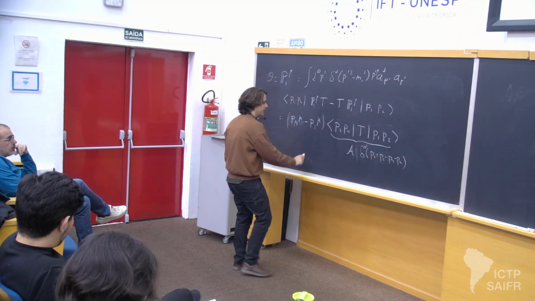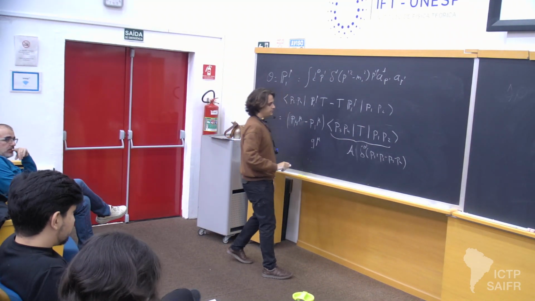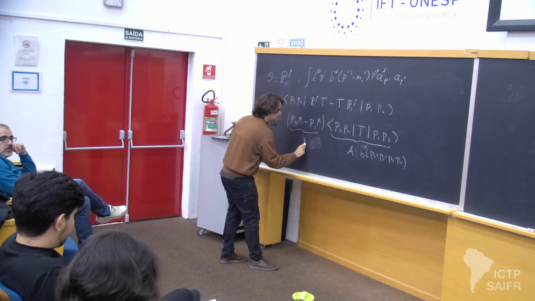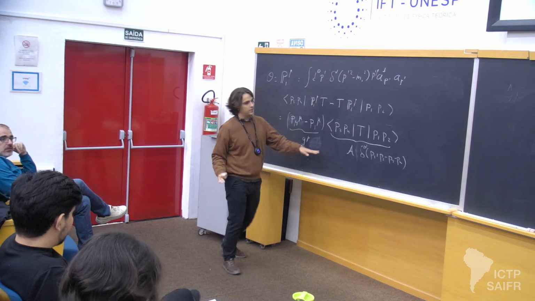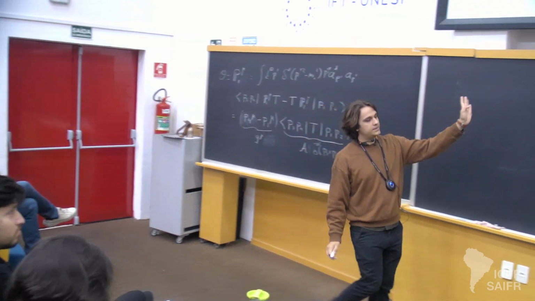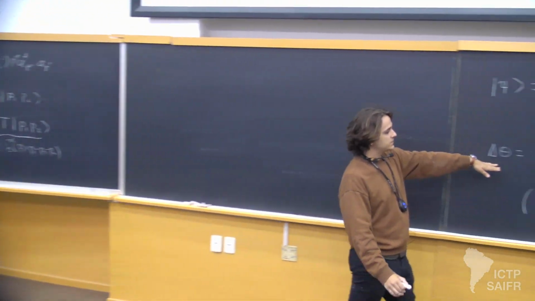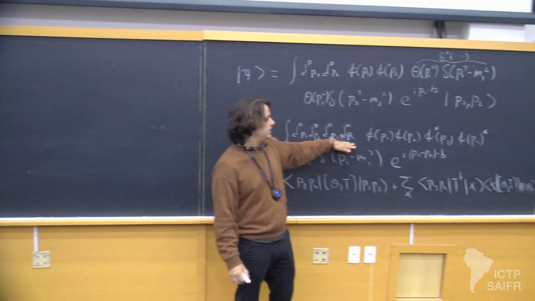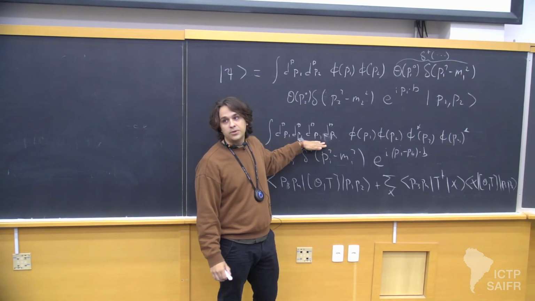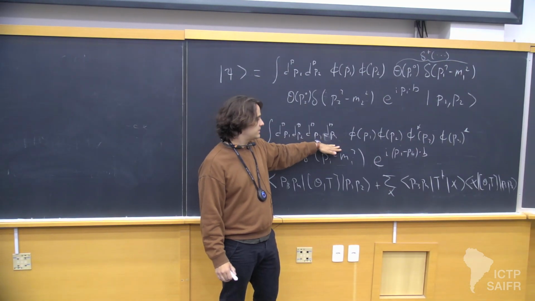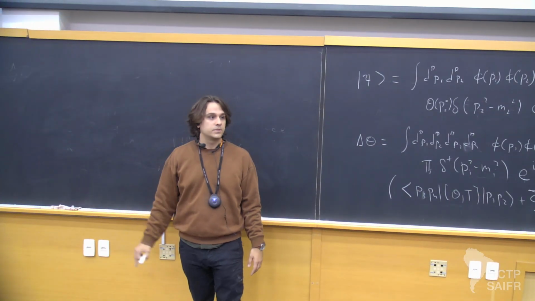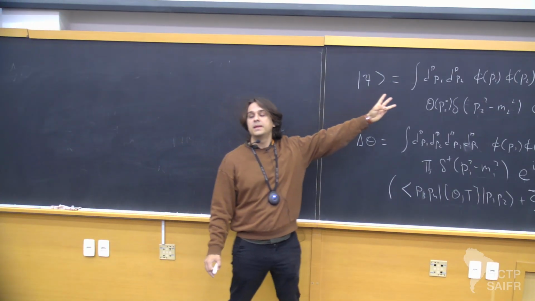So the formula that we get is very simple. So let me plug this back into that whole mess, but changing variables, so that P3 and P4. So I can change both of these to be just P1 minus Q, P2 minus Q, because I have momentum conservation, as long as I get rid of that momentum conserving delta function. Okay? So I will have 3 integrals over momenta left over.